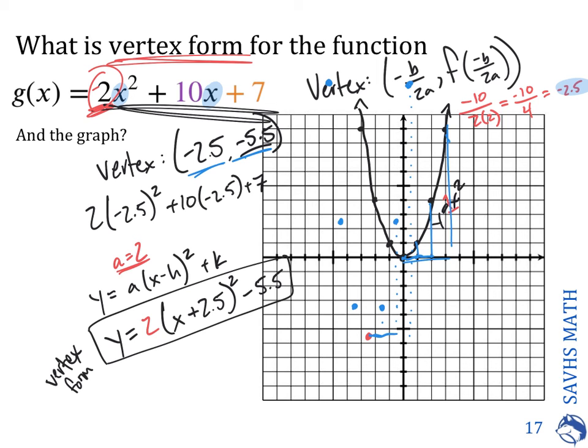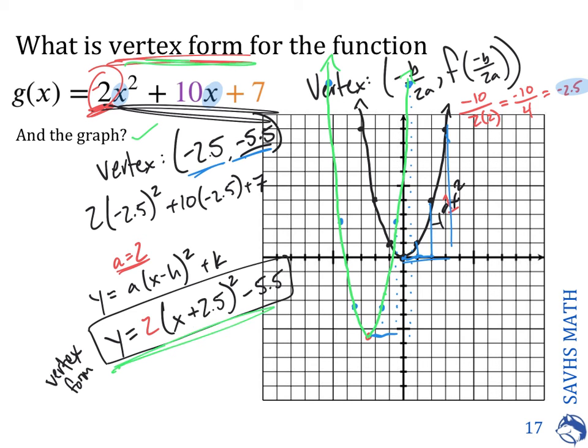So my new graph is what happens when I graph all of these points together. Again, this does not have to be perfect. Like that. Done. So I have the graph and I have the vertex form for the function.